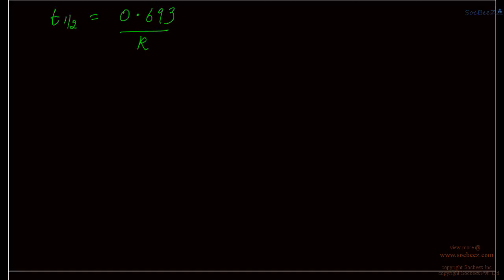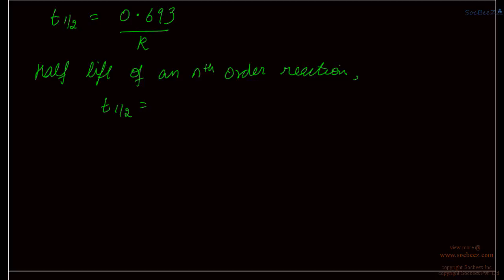So if we generalize this, then the half-life of an nth order reaction, T half, equals 2 raised to the power n minus 1, minus 1, upon n minus 1, into A naught to the power n minus 1, into Kn.